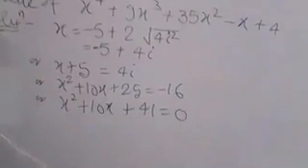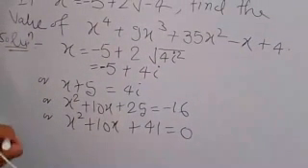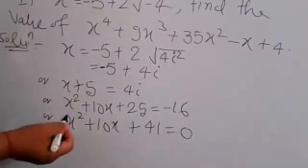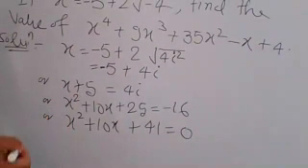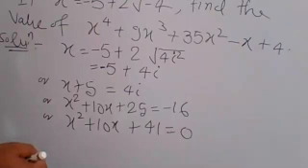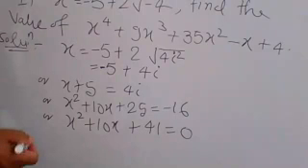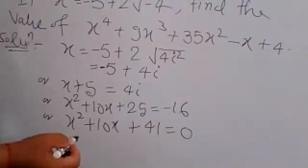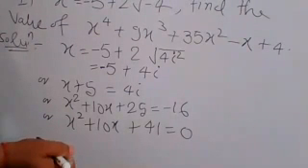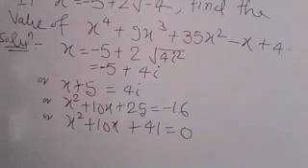Means with the help of the given value of x, you form an equation x square plus 10x plus 41 is equal to 0. With the help of that, you can find the value of the unknown polynomial. Okay, so write it.